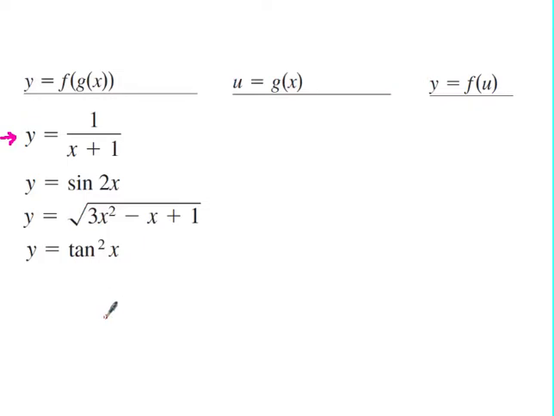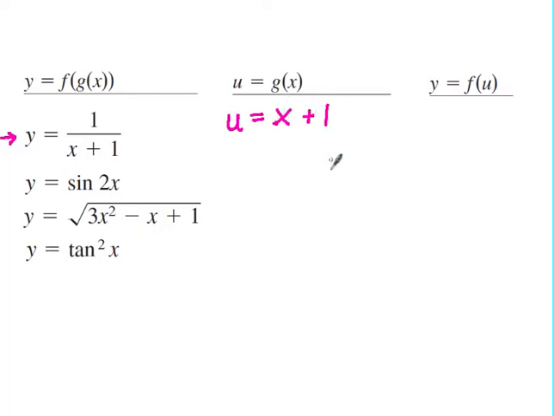I've actually got two functions in one. What would be the quantity in this problem? I'm just going to ask this and see if you can come up with it without me telling you. x plus 1, nice job. So that's what u is. In this case, u is going to be x plus 1.